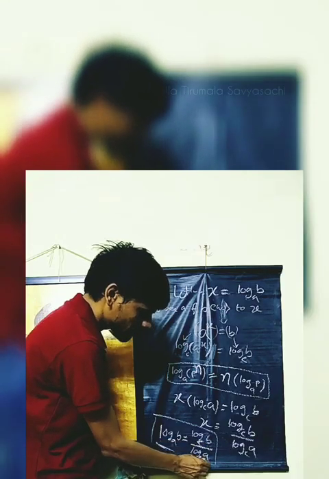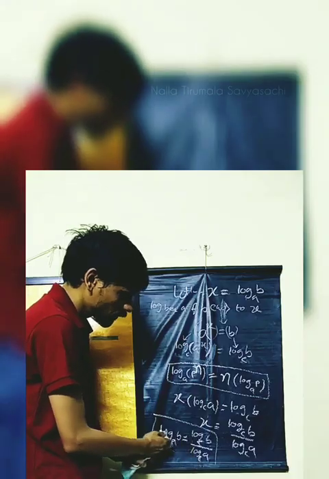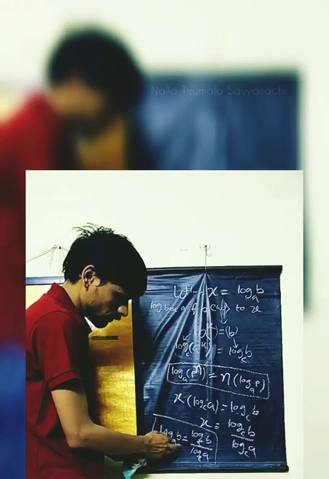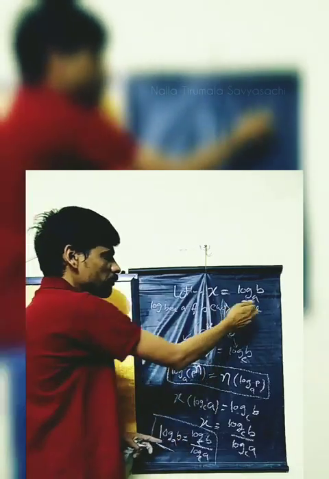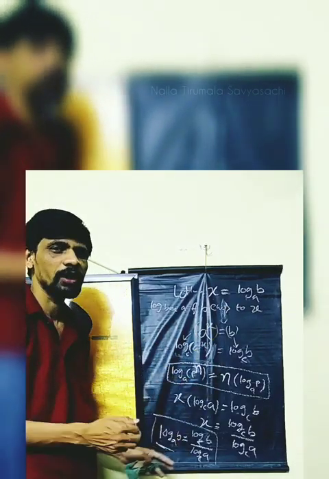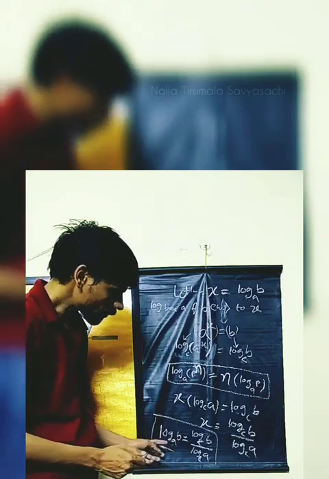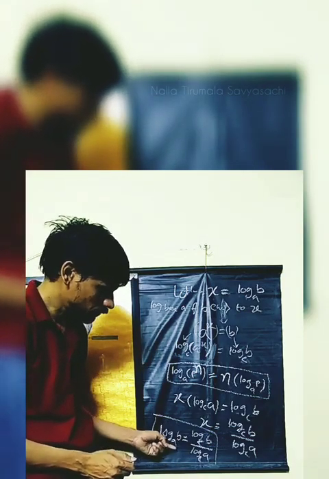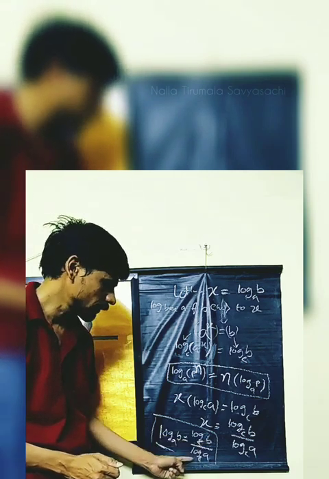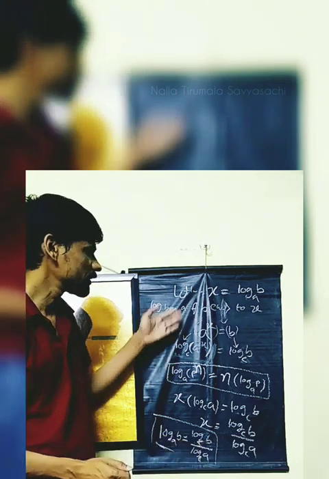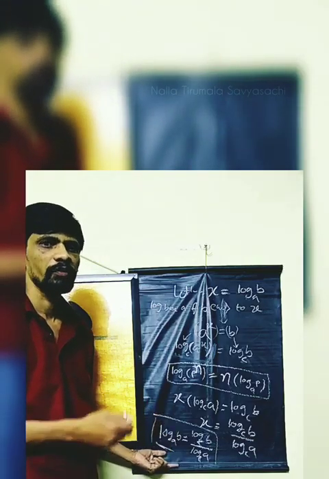Even if I only know some other base, such as base 10, which a normal scientific calculator has, I can evaluate this function as log c b by log c a. This is the change of base law, and we can use this formula whenever required.